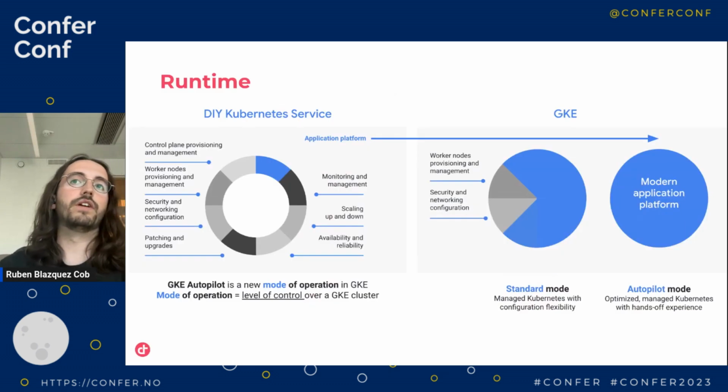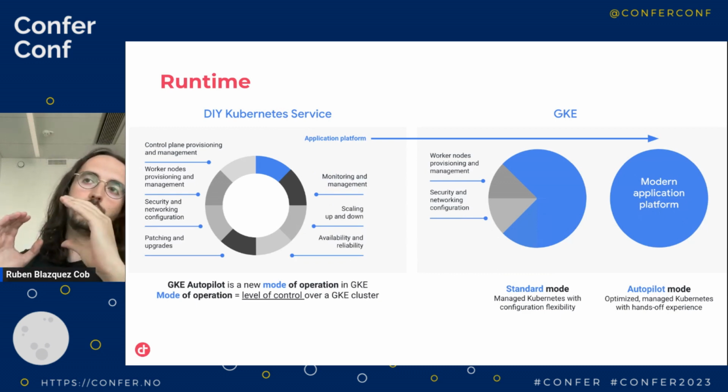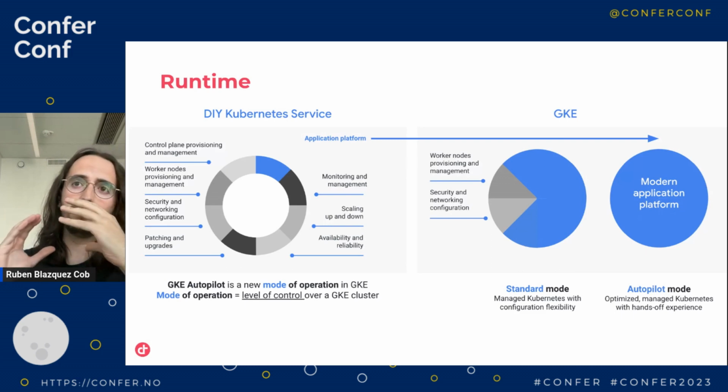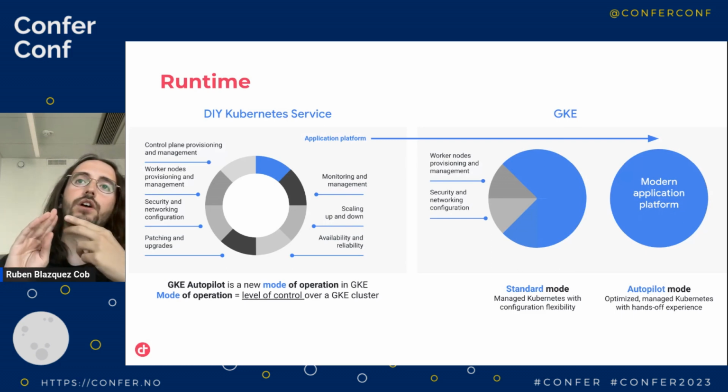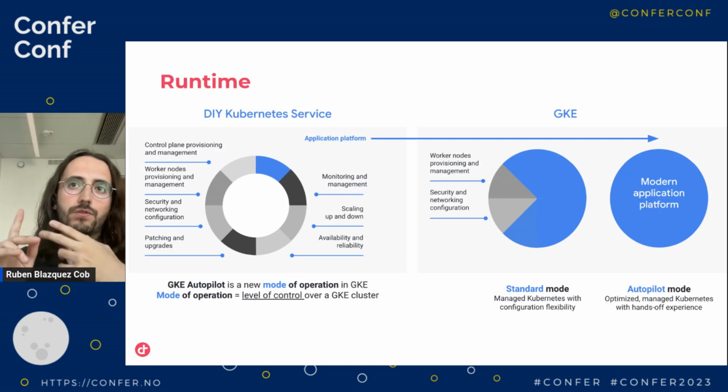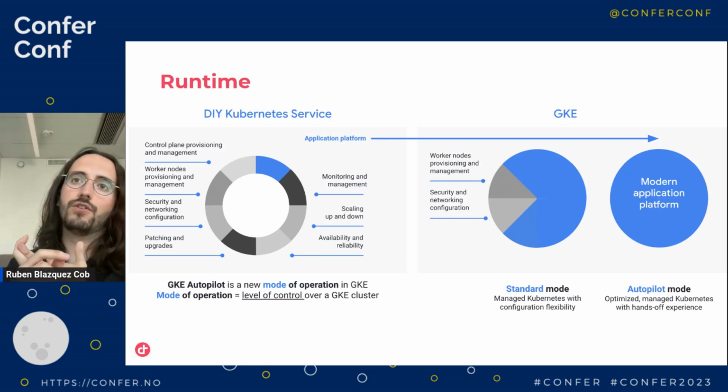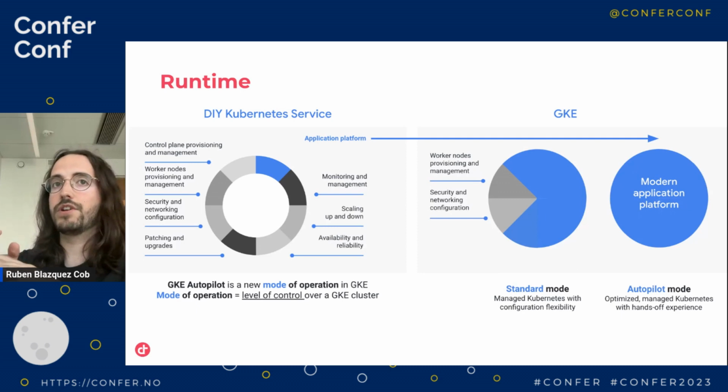Now, if you go into a managed Kubernetes solution, in this case, Google Kubernetes Engine, also known as GKE, suddenly the blue part becomes a lot bigger just by using the standard mode, and you only have to manage the worker nodes, provisioning and management, and the security networking configuration. And now Google has recently come out with Autopilot, which is the new mode of operation that takes care of basically everything, the autoscaling, just absolutely everything.